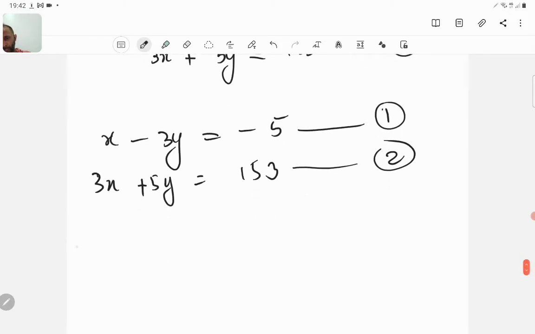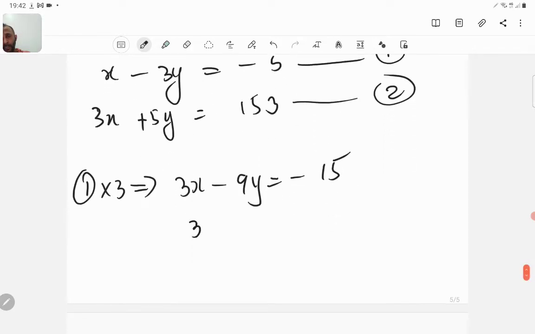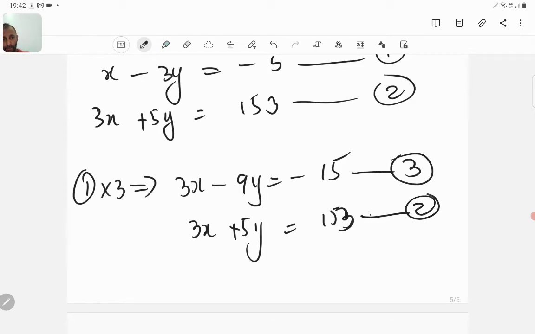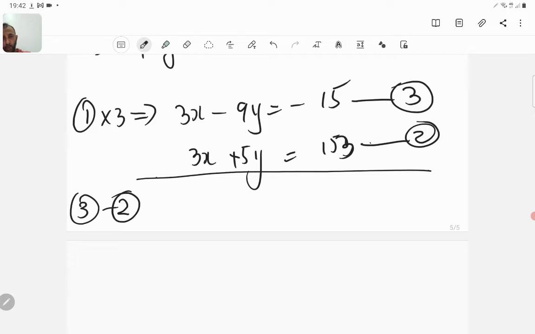Now what we do is multiply equation number 1 by 3. 3x minus 9y is equal to minus 15, and 3x plus 5y is equal to 153. Let me number this equation number 3 and the other is number 2. Now equation number 3 minus equation number 2, so the 3x terms get rid of.